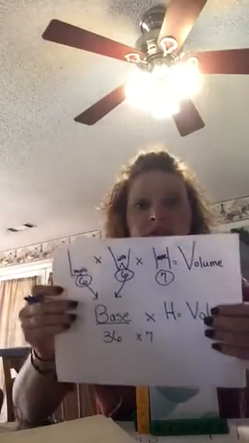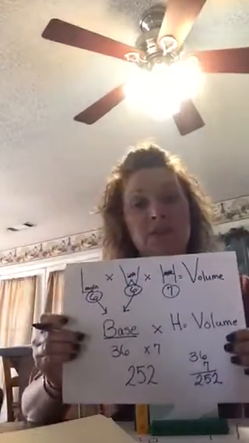I'm going to need to stack that up because I don't know what 36 times 7 is in my head. So let's stack it up. 36 times 7 equals 252. So my volume of this tissue box is 252.